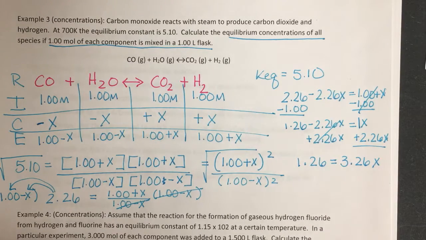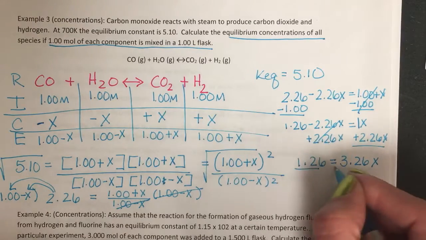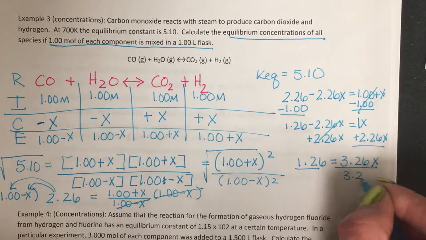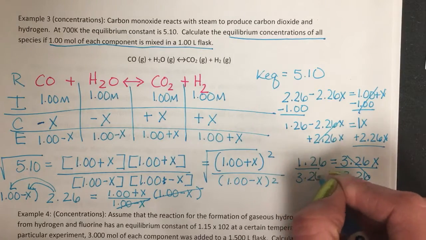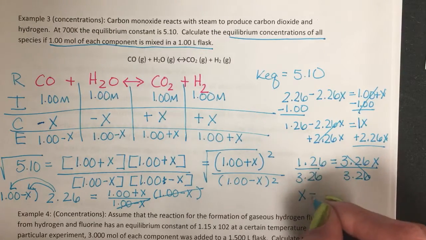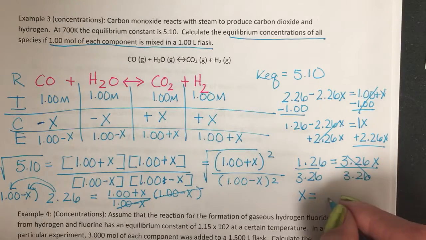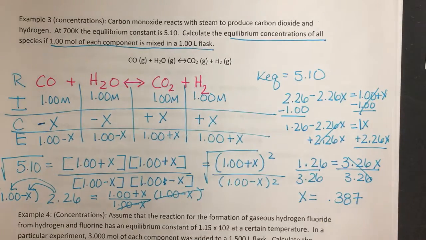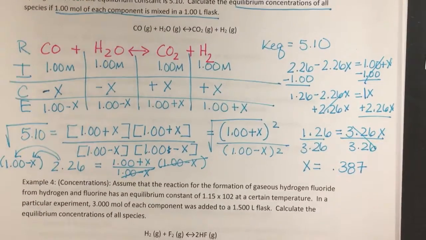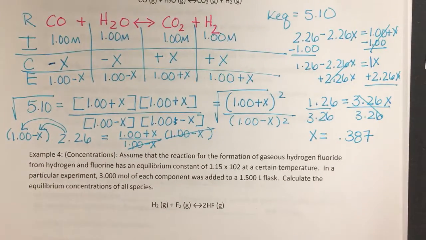I need to get x all by itself. So x is equal to 0.387. Now, if I want to know my equilibrium concentrations, I have one more step.